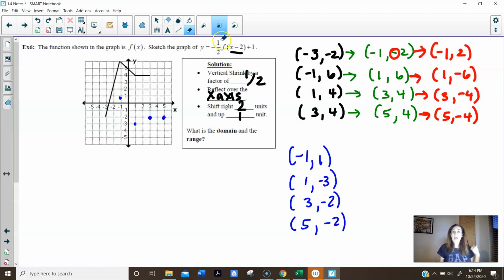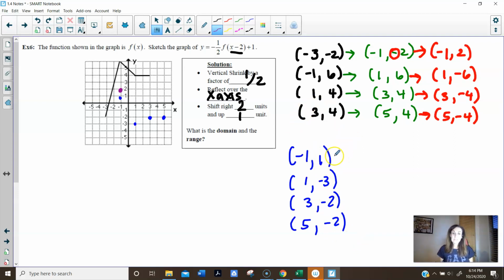So I did the shrink, I did the reflect, I did the horizontal translation, and the last translation is moving everything up 1. Well, when you think about it, if I move this point up 1, it's now going to be -1, 2. So basically, I'm adding 1 to all of those y values to move it up.